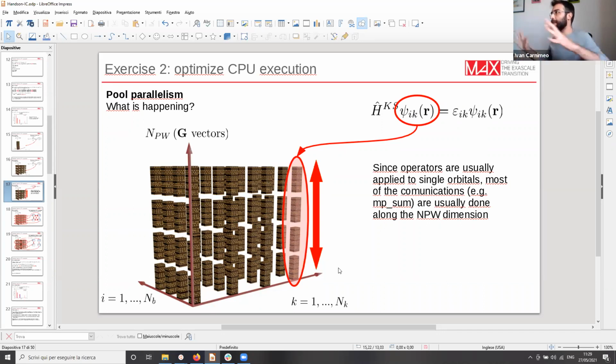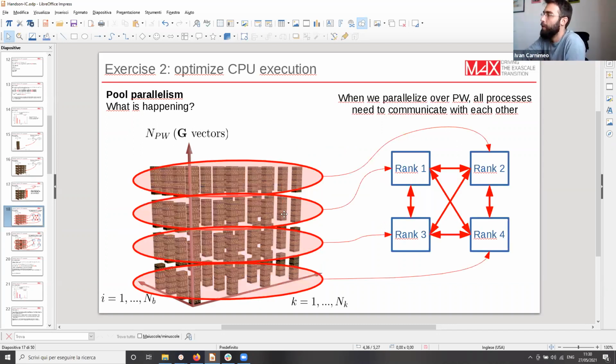So if I split the wave function along the plane wave dimension, the MPIs will need to communicate very much among them. Let's make an example. If I split the wave function, for example, in 4 MPI processes, since most of the communications occur along this dimension, all processes will need to communicate with each other because none of them will have one single orbital.